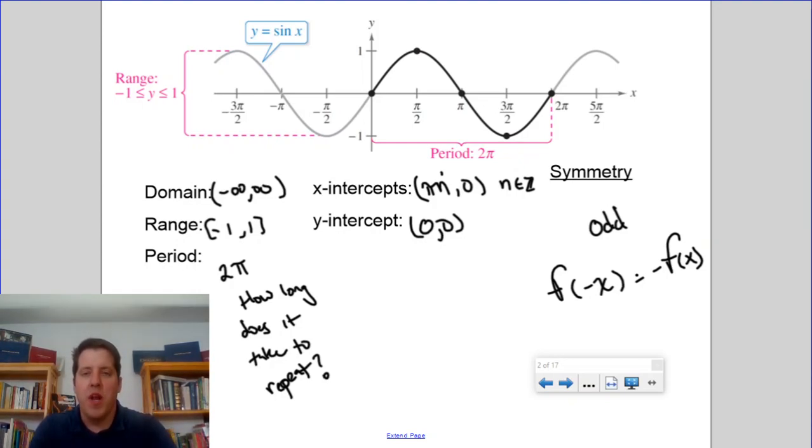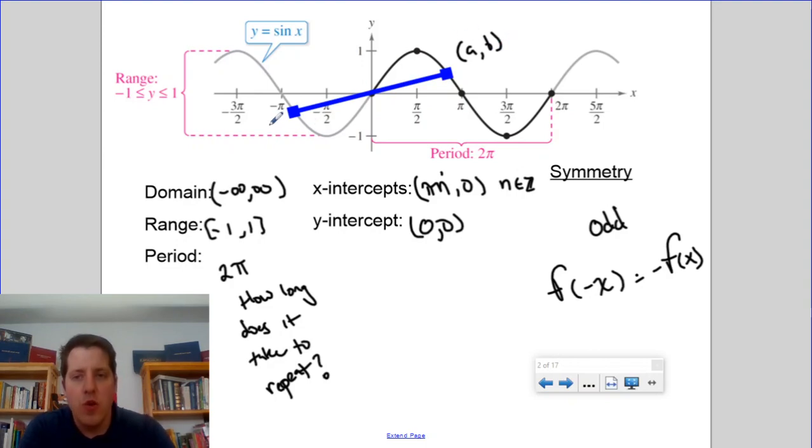Remember, what odd symmetry means is if you pick a point on the curve, across the origin, there will be another point. So, if you had, say, the point A, comma B, you would also have the point the opposite of A, the opposite of B.